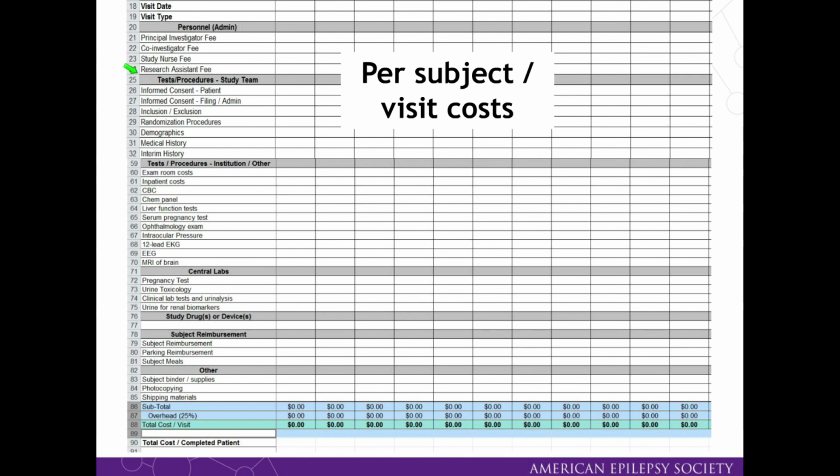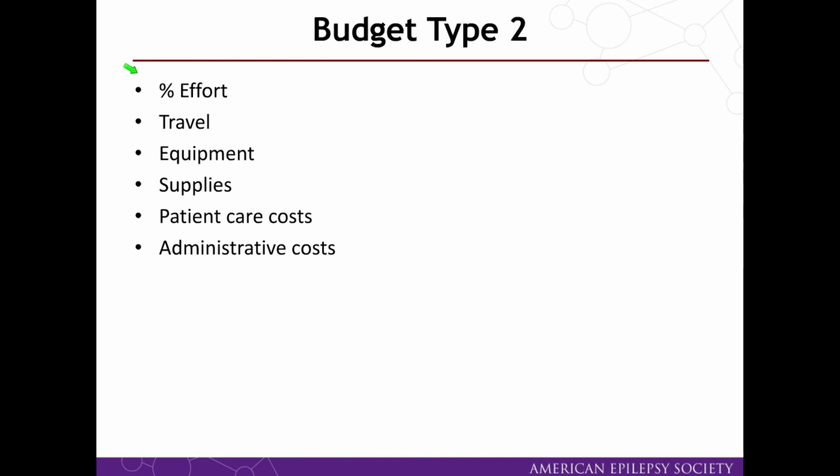And again, your clinical trials office will be very helpful in developing this per patient or per subject type of budget. The second type of budget looks at how much time individual staff will spend on activities related to the research project, and this is defined as percent effort.